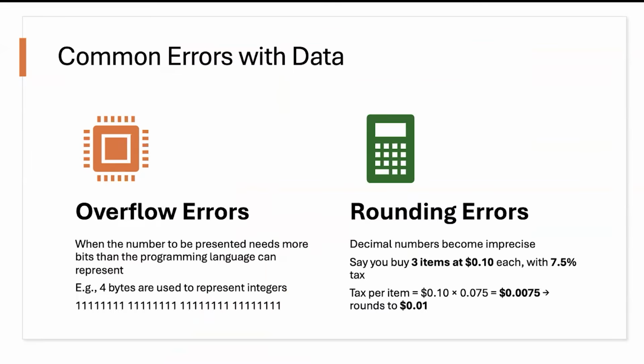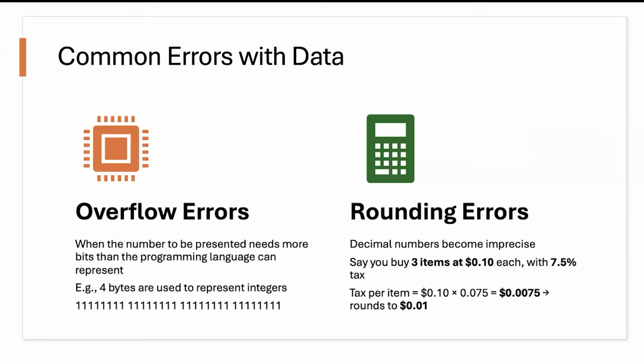You need to be aware of some common errors when we are handling data. One of the common errors is called overflow errors. Remember, we're using a certain number of bits or bytes to represent each of those numbers. But when the number to be represented needs more bits than the programming language or the computer system allows, that becomes an overflow error.